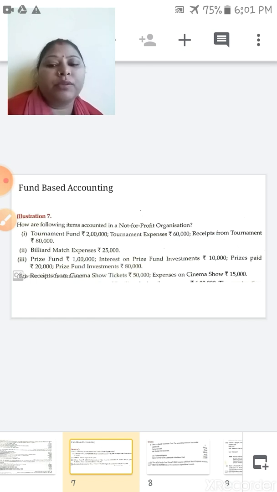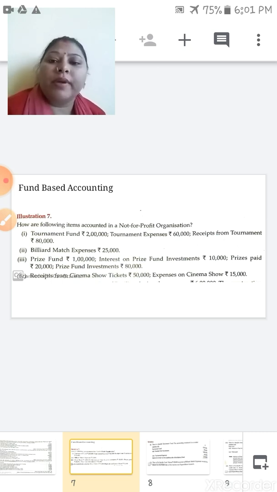Now come to the third point. Prize fund 1 lakh, interest on prize fund investment 10,000, prize paid 20,000, prize fund investment 80,000. What is the treatment? Prize fund 1 lakh, interest on prize fund investment you have to add to the prize fund.